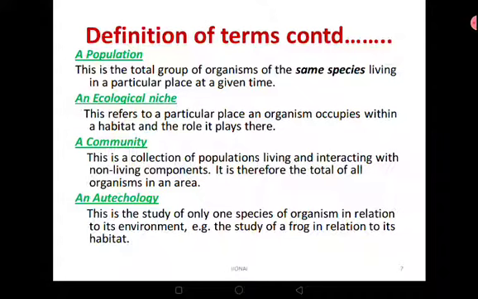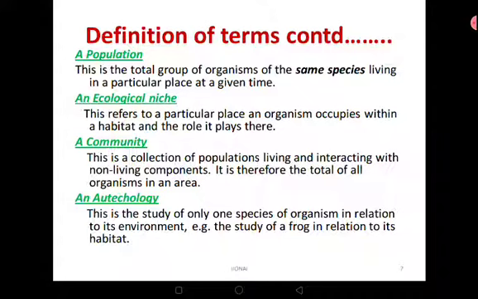Population. This is the total number of organisms of the same species living in a particular place at a given time. The total number of organisms of the same species living in a particular place at a given what? Time. That is the population.